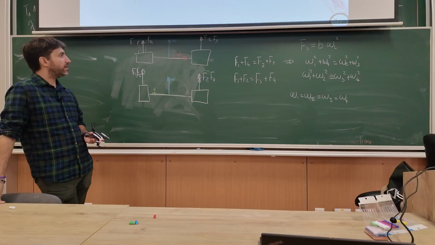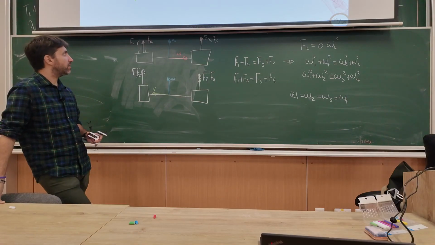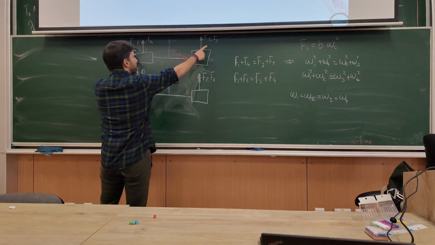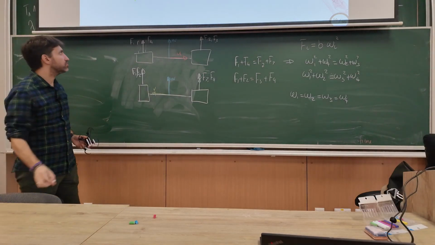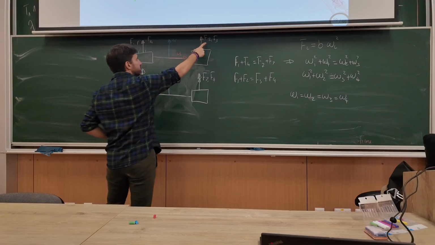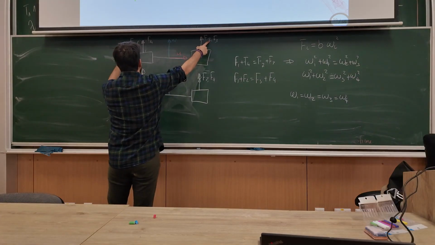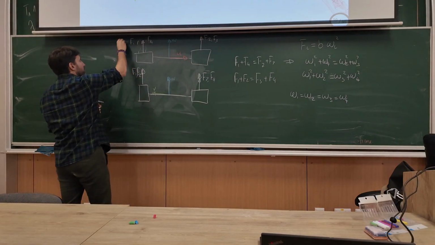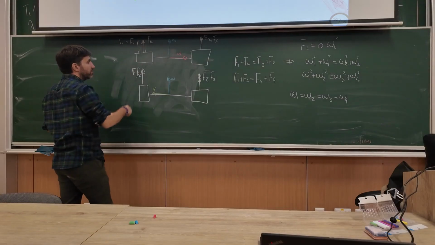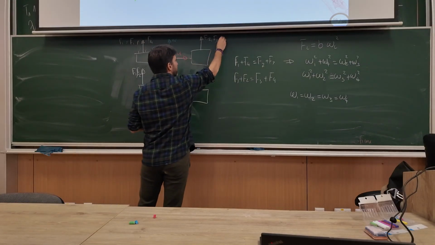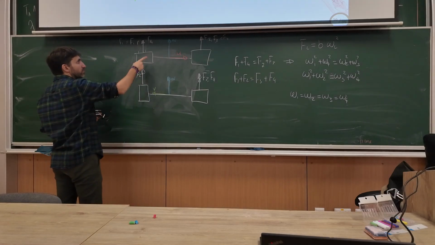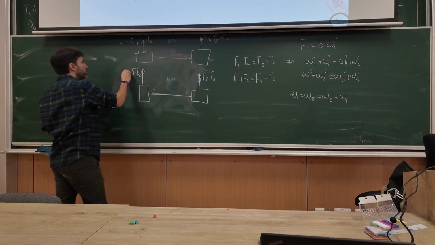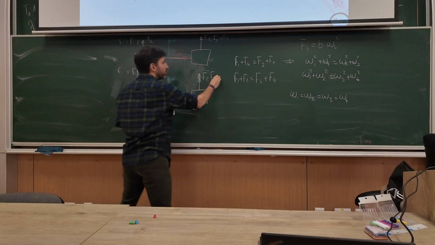F1 and F3, yeah, if F1 is equal to F3 and F2 is equal to 0 and F4 is 0, so if this is 0 and this is 0, then this will be equal to F1, correct? F4 is 0, and this is equal to F3, correct? And then because F2 is 0, this will be equal to F1, and this will be equal to F4.